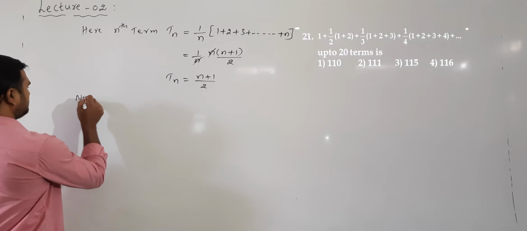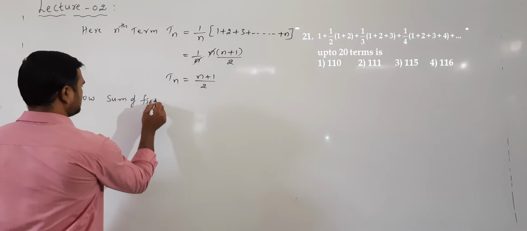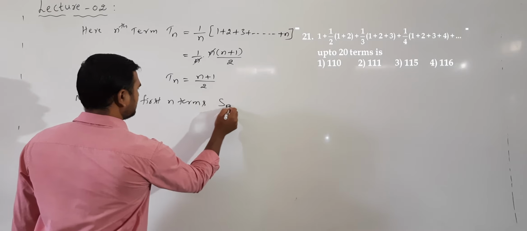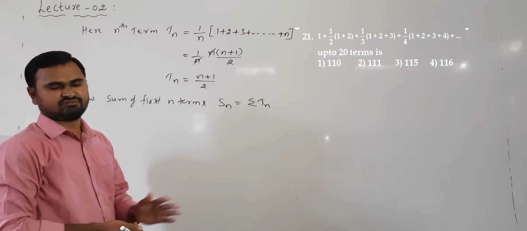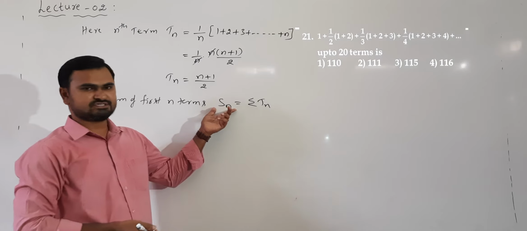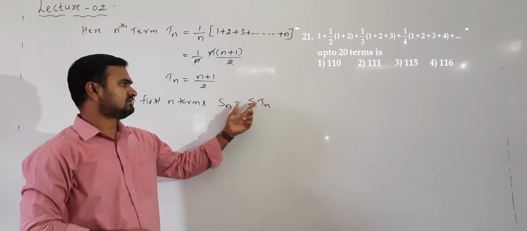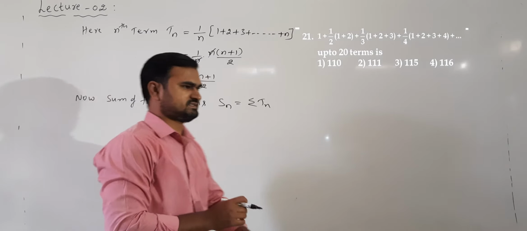Now the sum of first n terms, Sn, can be written as sigma Tn. There is a formula: the sum of the first n terms is given by sigma Tn. So apply summation to the nth term, then we will get the sum of the first n terms.